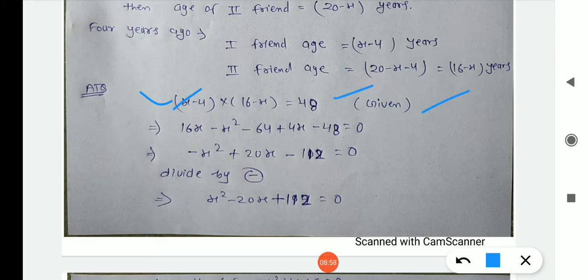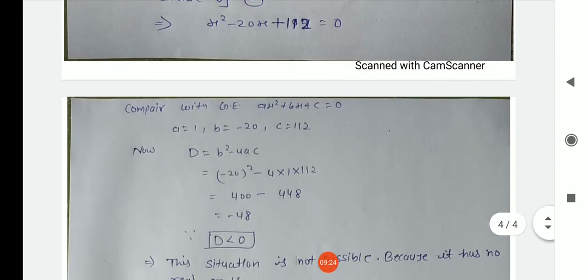So we multiply these brackets: 16x minus x square minus 64 plus 4x, and this 48 shifts to LHS, it is negative. Okay, so simply minus x square plus 16x plus 4x is 20x, and minus 64 minus 48 is minus 112. Divide by minus, so x square minus 20x plus 112 equal 0.